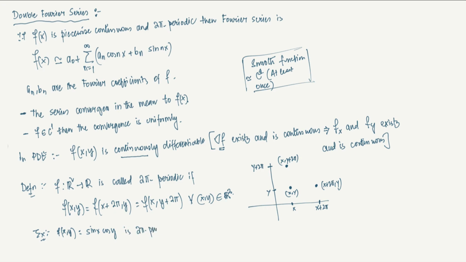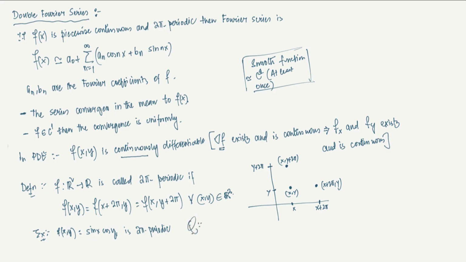Why? Because once you fix a y, this basically looks like a constant, and then this is 2 pi periodic. And if you fix an x, then this is the only function we are talking about, which is again 2 pi periodic. So this is true. This is the sort of function we are talking about, a 2 pi periodic function in the context of several variables.